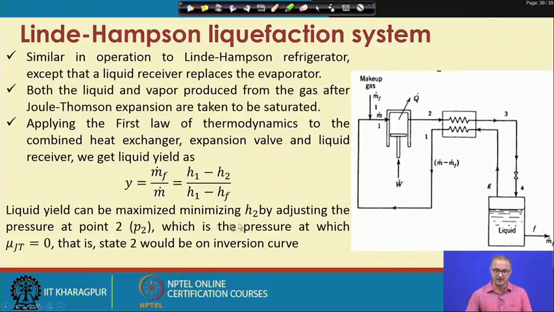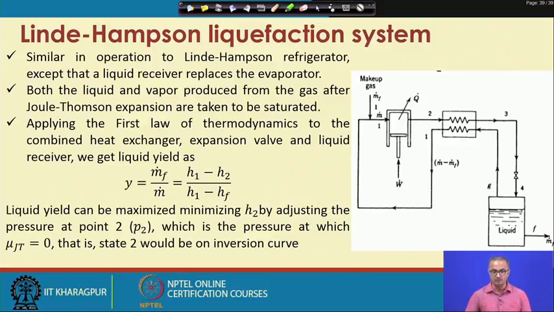When we adjust the pressure at point 2, we find that this pressure at the maximum can go to the inversion pressure. That is the limit, because if you increase the pressure still further beyond the inversion pressure, we shall get heating up, not cooling down. So the inversion pressure is the limit to maximize our liquid yield.